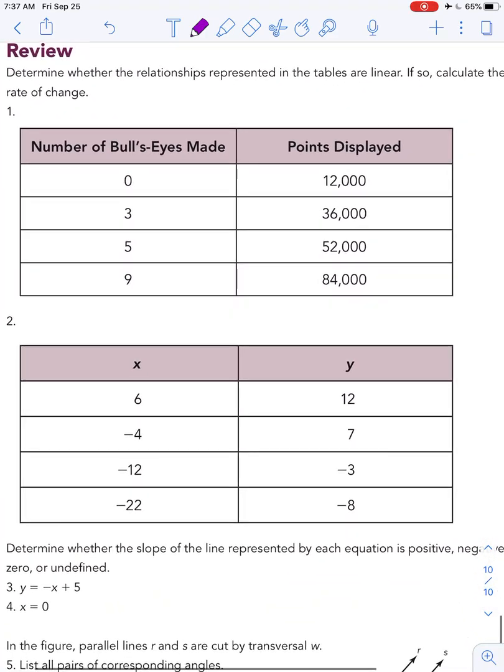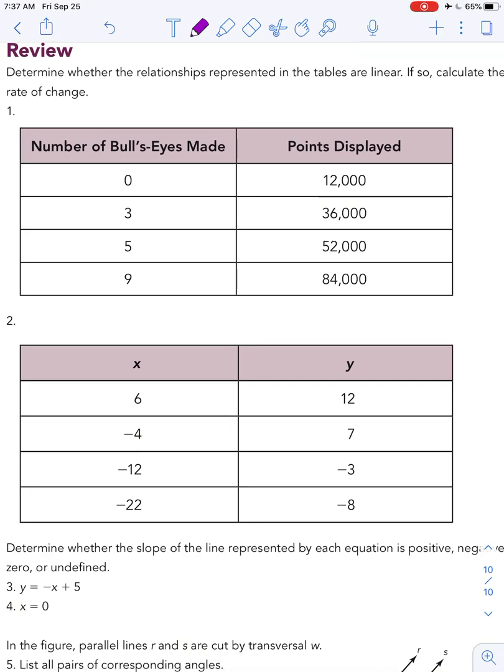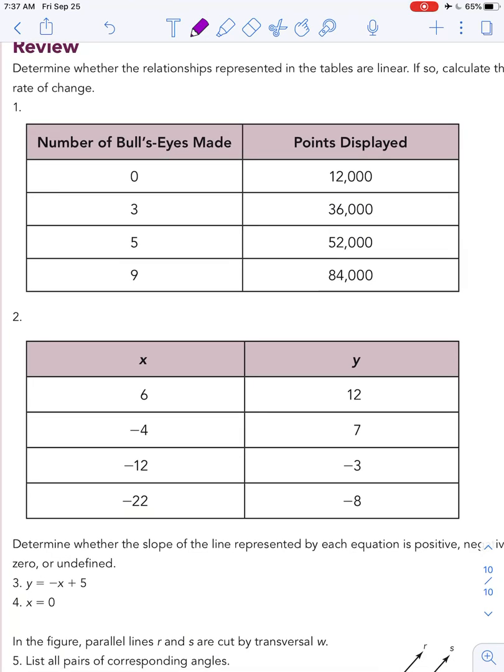So on this one down here, guys, this right here is my dependent. So number of points per, and then this is my independent.